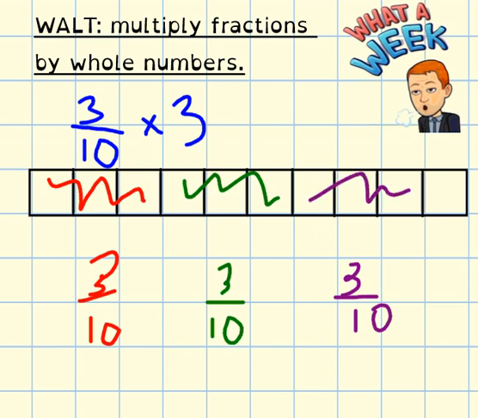When I add them all together, 3 add 3 is 6. Add a further 3, as you can see on my bar, would give me, in total, 9/10. Remember, I could have done it by putting it over a denominator of 1, but the bar model and this way of showing it here kind of explains it further.